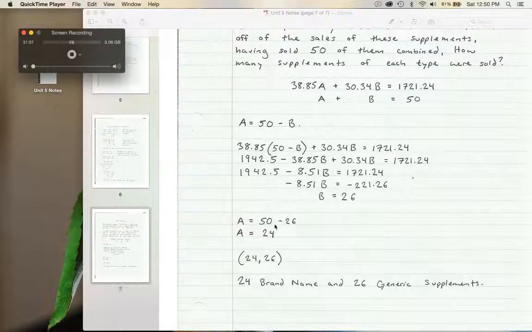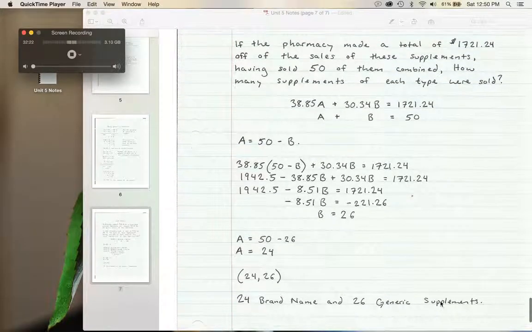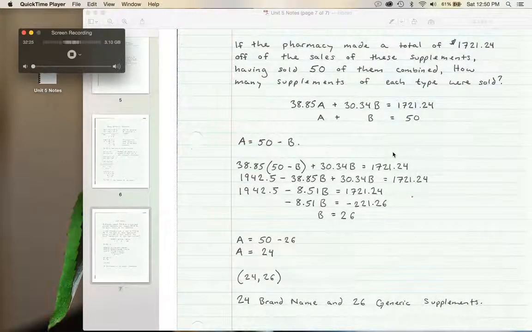A is equal to 50 minus 26. 50 minus 26 is 24, so I know that my a is equal to 24. A is 24 and b is 26. This is my ordered pair and my solution to my system of equations word problem. 24 brand name and 26 generic supplements were sold at the combined total sales price of $17,021.24.